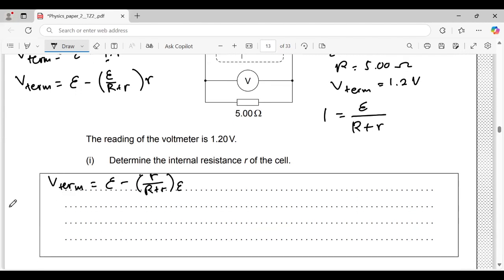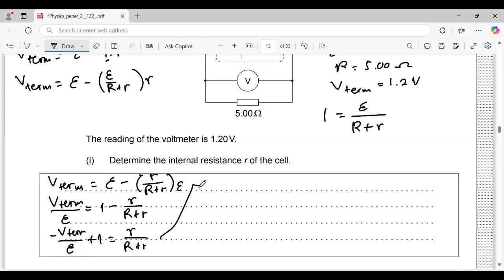I would like to factorize and divide, so V terminal over epsilon equals 1 minus r over R plus r. If we move terms, it becomes minus V terminal over epsilon plus 1 equals r over R plus r.